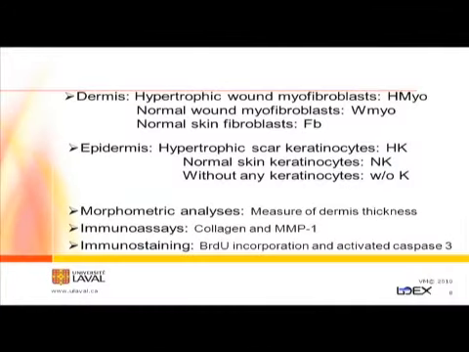To understand the role of myofibroblasts and keratinocytes, we used two populations of myofibroblasts. The first was isolated from hypertrophic scar, and the second from normal wounds. For control, we used normal fibroblasts.